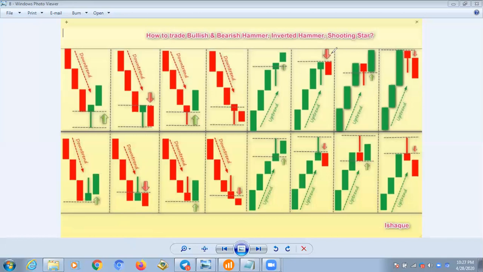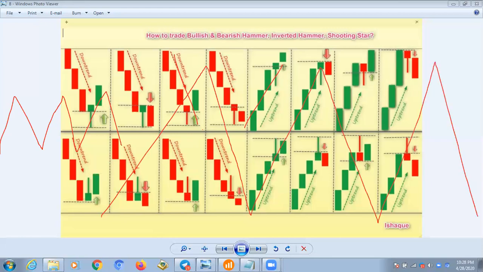In the ranging market, sometimes we follow the pullbacks, because in the ranging market pullbacks are not common, but in the uptrend or the downtrend pullbacks are very common. Yes, there is a pullback in the ranging market, but the ranges must be bigger.